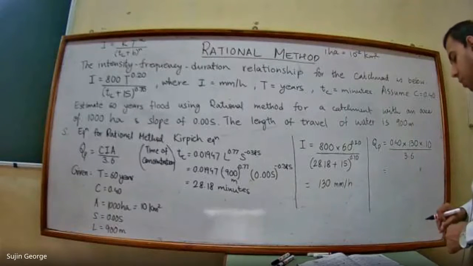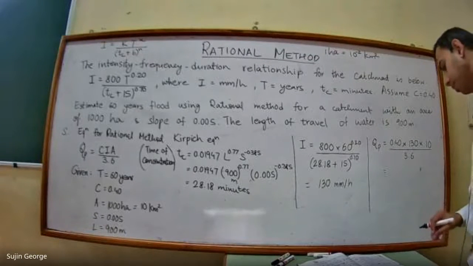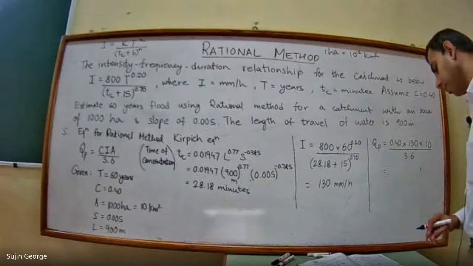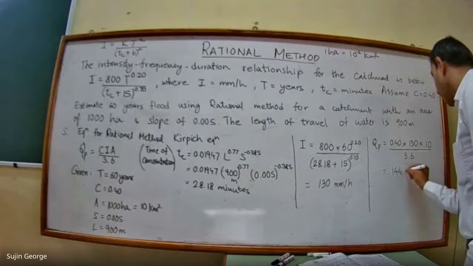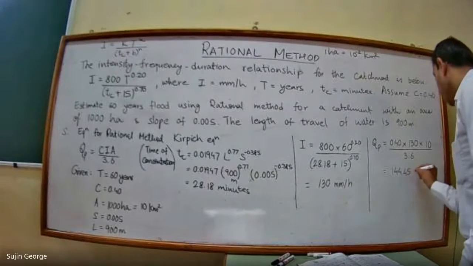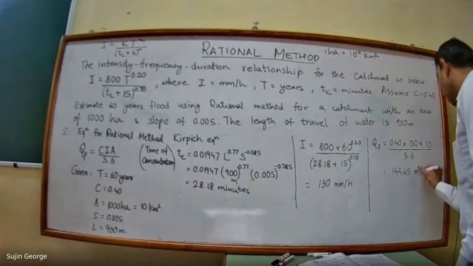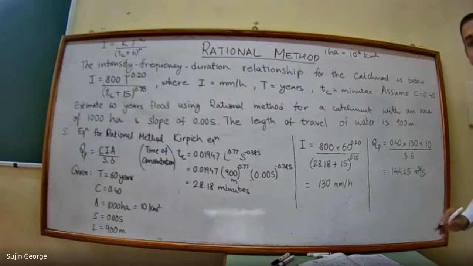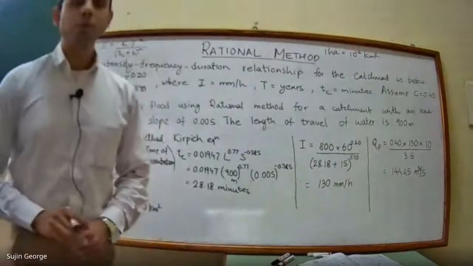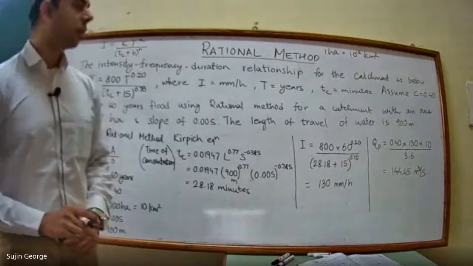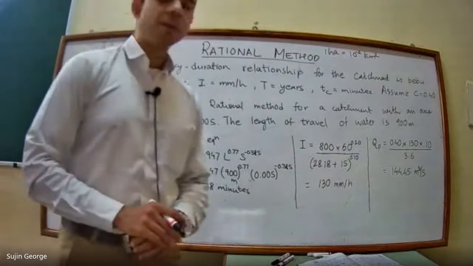So how much does this come out to? This comes out to 144.4445 meter cube per second.